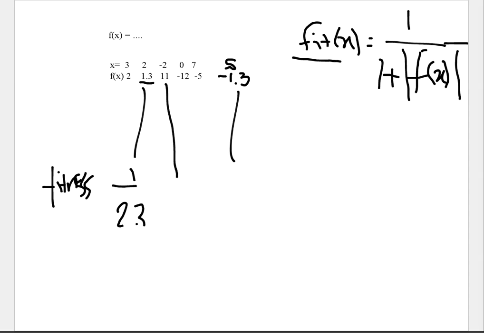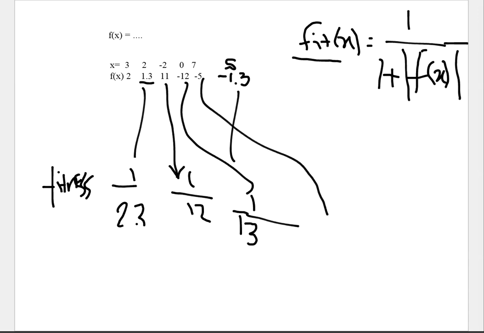What is the fitness of this? It is 1, 11, and 12. The fitness of this is 1 over 13, the fitness of this is 1 over 6, and the fitness of this is 1.